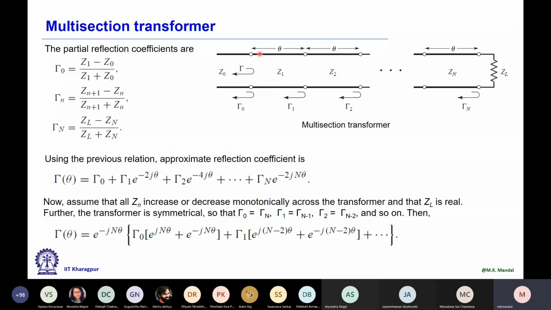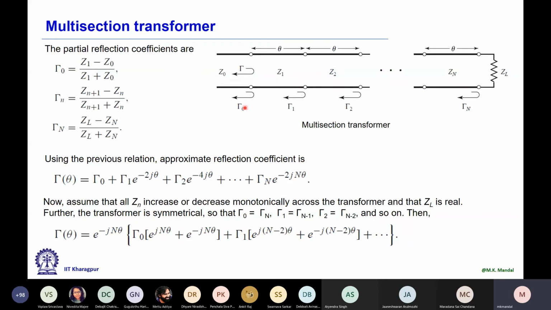Then how do we define the individual partial reflection coefficients? For the first junction, it is Z1 minus Z0 by Z1 plus Z0. For the second junction, Z2 minus Z1 by Z2 plus Z1. Then for the nth junction at the load end, it is ZL minus Zn by ZL plus Zn.